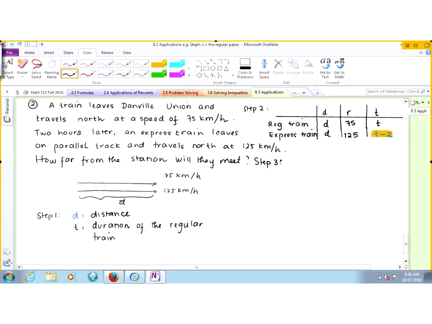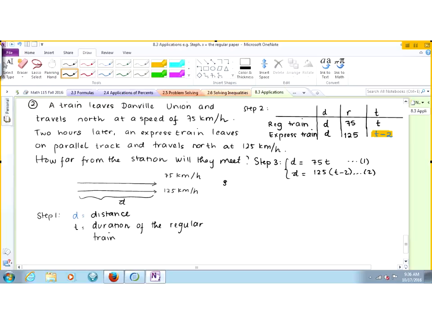Can you tell me what the equations are? What is the formula? D is equal to R times T. So what are the two formulas? D is 75T. And what is the second one? D is 125 times T minus 2. All right.